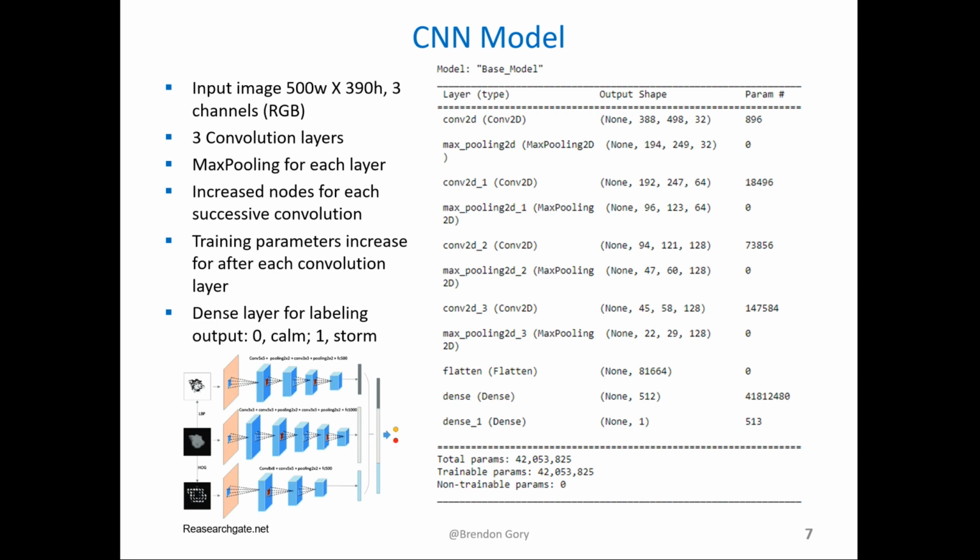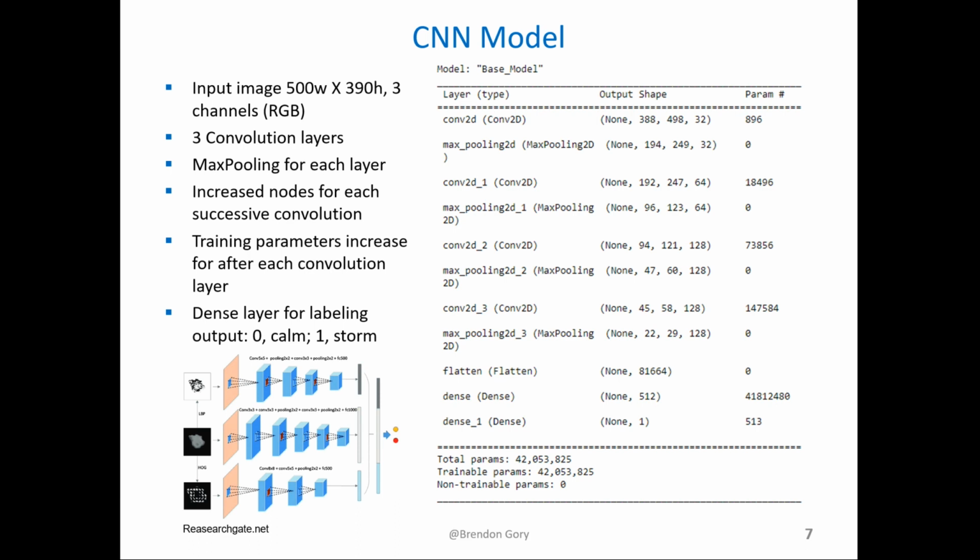The CNN model we are using is going to have 3 convolution layers, each having a max pooling. By the convolution layers and the max pooling, we're going to be able to find the hierarchical features from the input images we're feeding into the model. We'll see that the total training parameters are increasing from layer to layer because we are increasing the nodes from layer to layer.